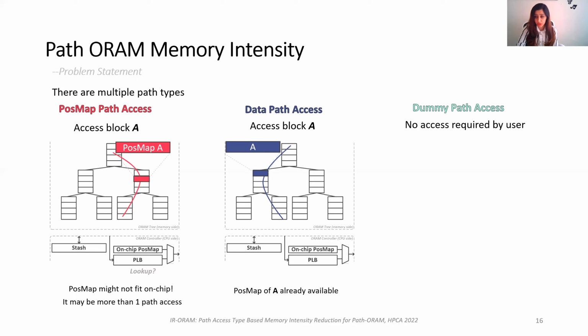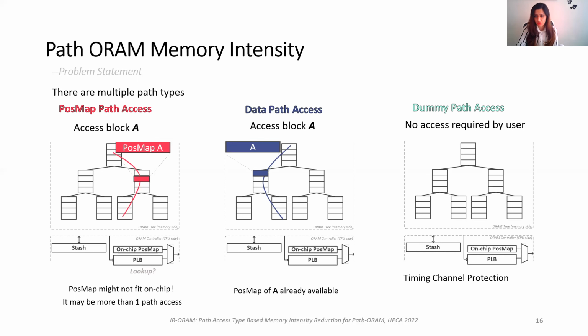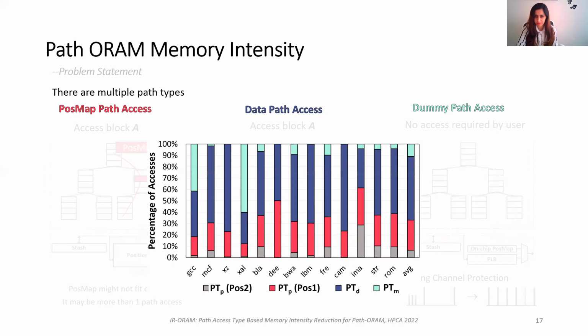But in order to provide timing channel protection, the path accesses have to be made at a fixed frequency like this. So there will be times that there's no pending user request. In that case, a random path is accessed where no block is remapped.